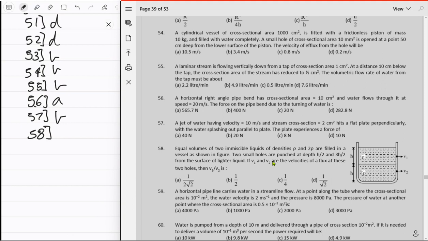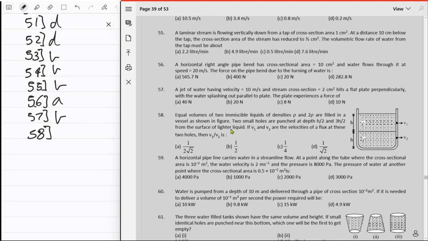Okay, 58. Equal volumes of two immiscible liquids of densities rho and 2 rho are filled in a vessel as shown in the figure. Two small holes are punched at depths h/2 and 3h/2 from the surface of the lighter liquid. If v1 and v2 are the velocities of efflux at these two holes, the velocity is proportional to the square root of delta p.